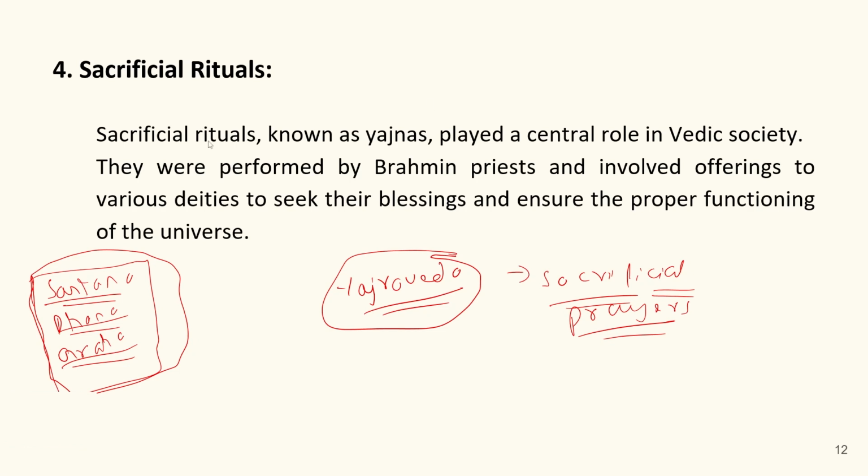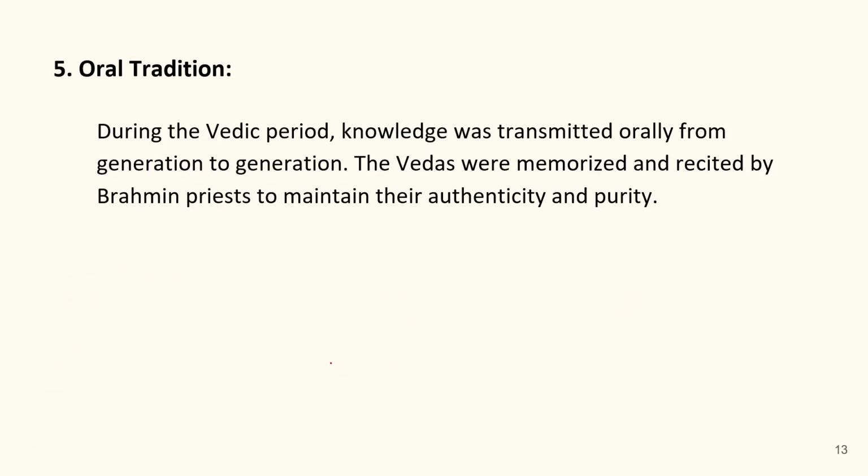Got it? Two of the main yajnas of this type are Rajasuya Yag and Ashwamedh Yag. These two yags were basically performed by the ruler for prosperity, for ruling stability, and for importance as a ruler. So these were all about yajnas and sacrificial rituals.